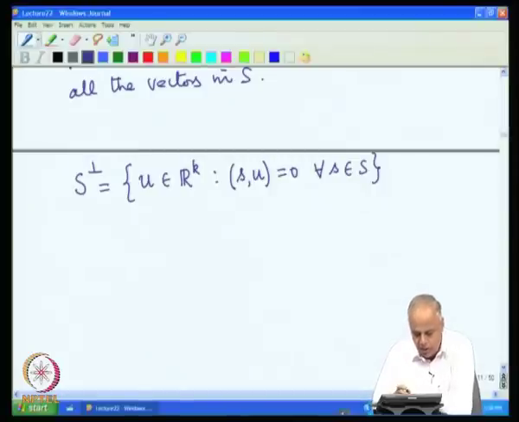Now, is this an empty collection or a non-empty collection? Will there be any vector at all which is perpendicular to all the vectors in S?